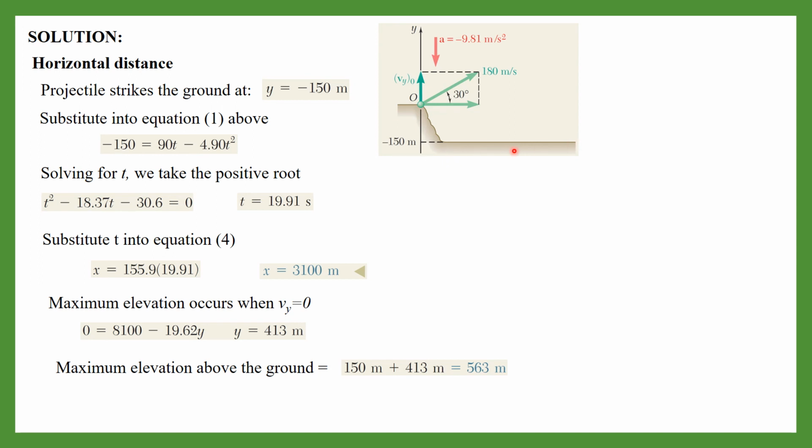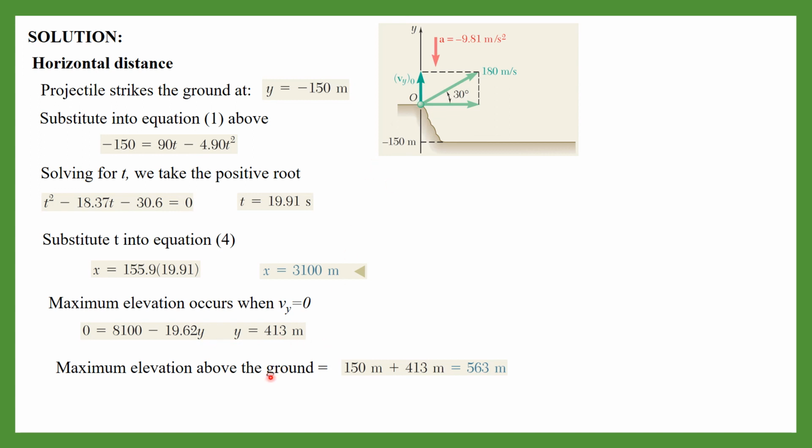Now we can calculate this distance from the equation for x, which is x equal to vx naught t. By putting in the value of time, we obtain x, which comes out to be 3100 meters. Now we know that the maximum elevation occurs when Vy is 0. So in the equation of Vy, we put this as 0, and the only unknown is y, which comes out to be 413 meters.